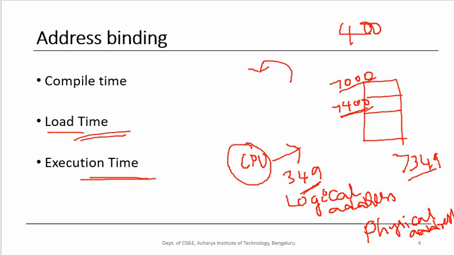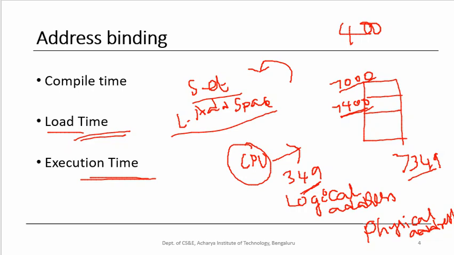Logical address is also called a virtual address. The set of such logical addresses generated by the CPU is called the logical address space. Okay, logical address space. And similarly, the set of physical addresses of a process constitutes a physical address space.